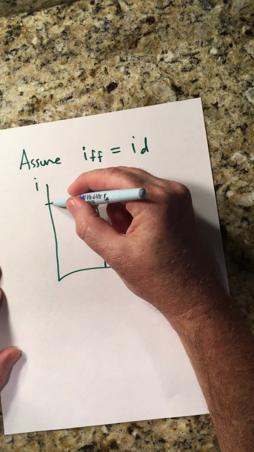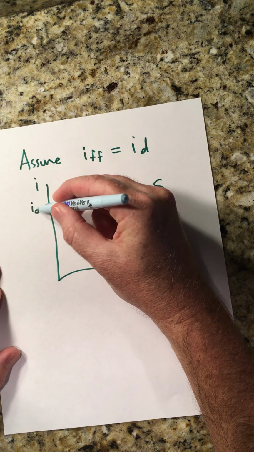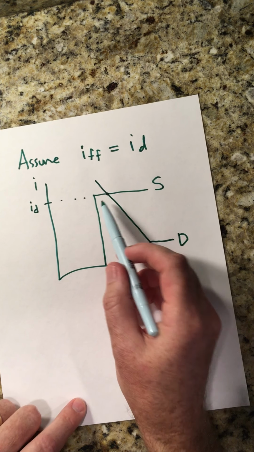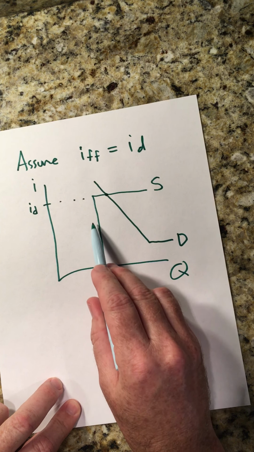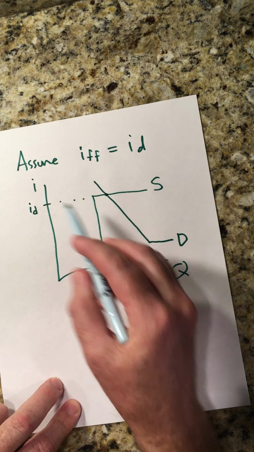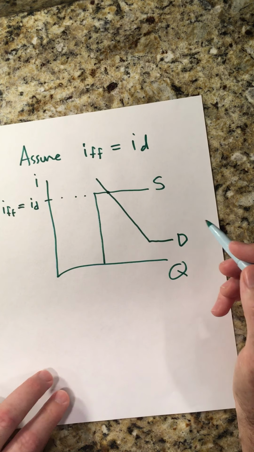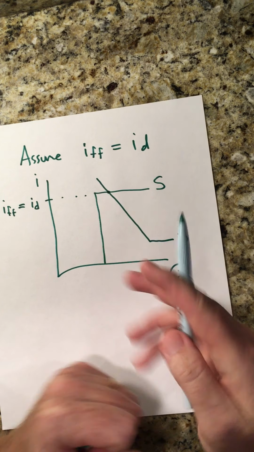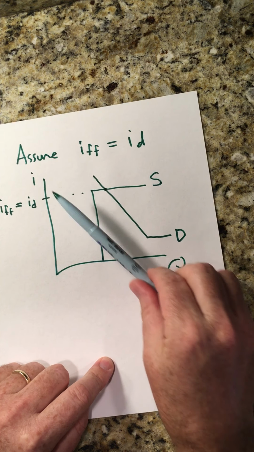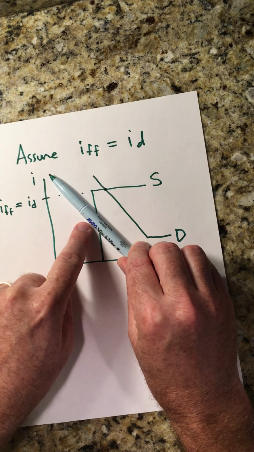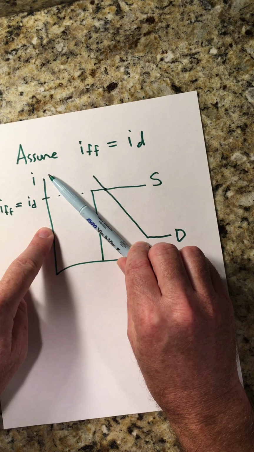What that means is my discount rate is here, just as in the previous two graphs. And you can see that the federal funds rate, what has happened is it's gone all the way up this vertical segment and is actually equal to the discount rate. So for example, if the supply curve had been back here, right, then the federal funds rate would be right where demand and supply cross.